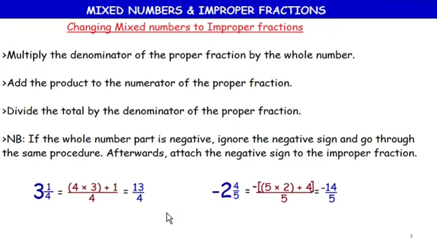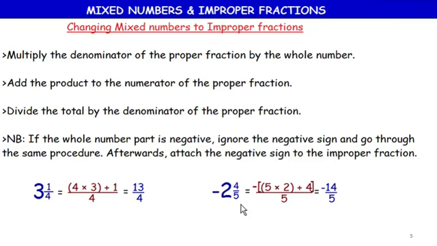Now let's look at a scenario whereby the whole number part is negative. Right. So assuming we had negative 2 whole number 4 over 5, how do we change that one? Well, generally we said that the first thing is to multiply the denominator of the proper fraction by the whole number part, right?